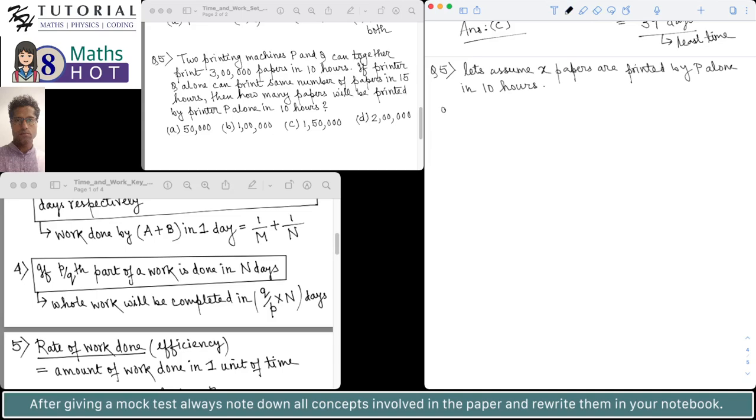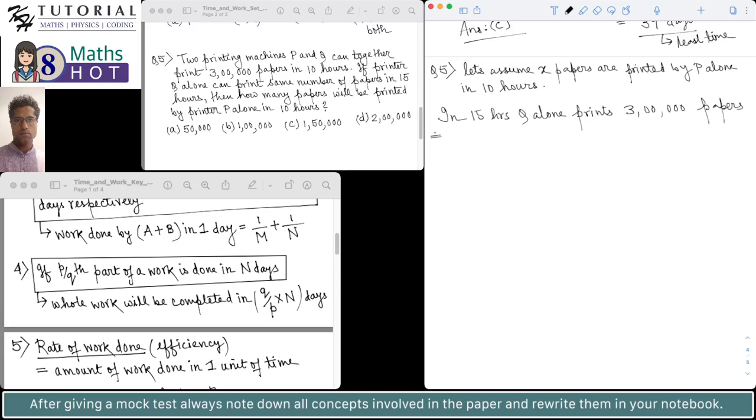So in 15 hours, it is given that Q alone prints 3 lakh papers.